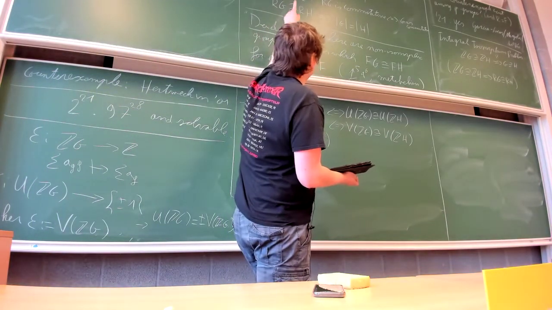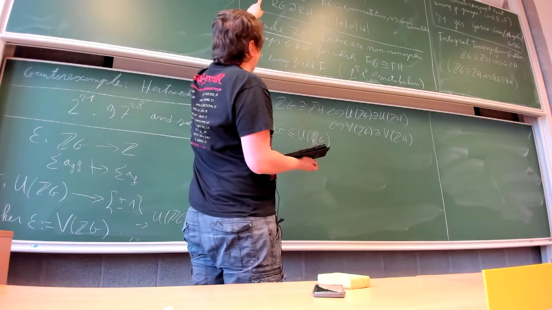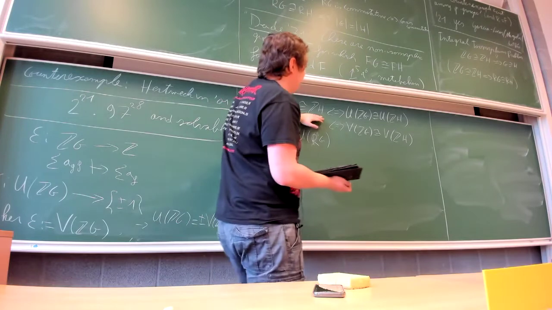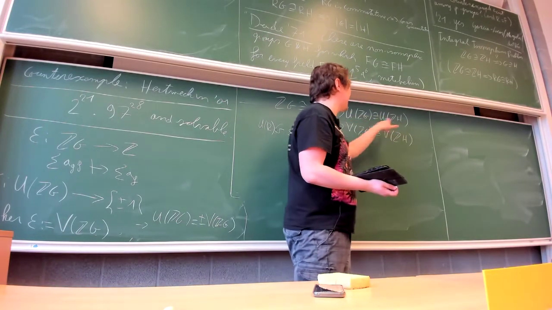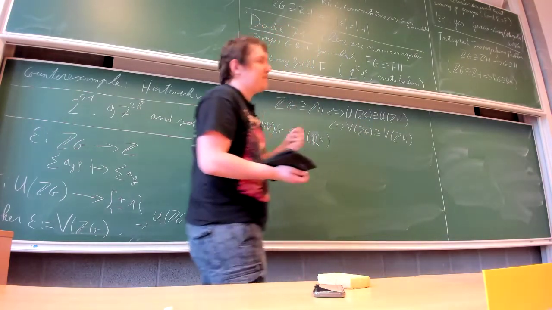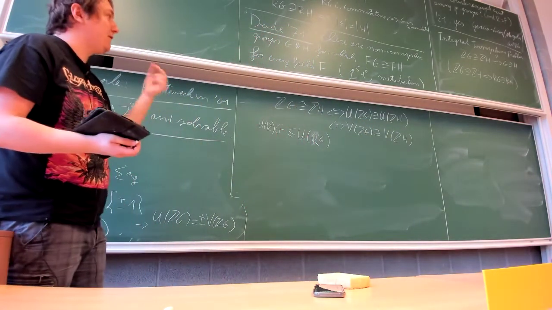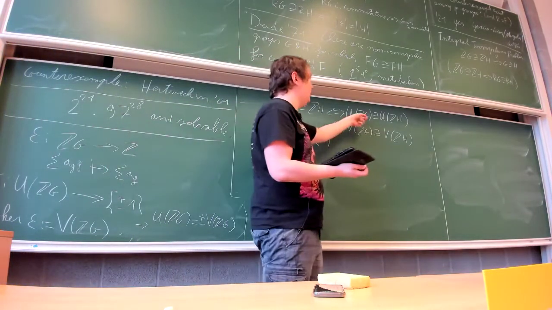Keeping this isomorphism problem in mind, if you have ZG isomorphic to ZH, then you know basically that H is a subgroup of U(ZG) somewhere. So this isomorphism problem really is about finding finite subgroups within U(ZG).